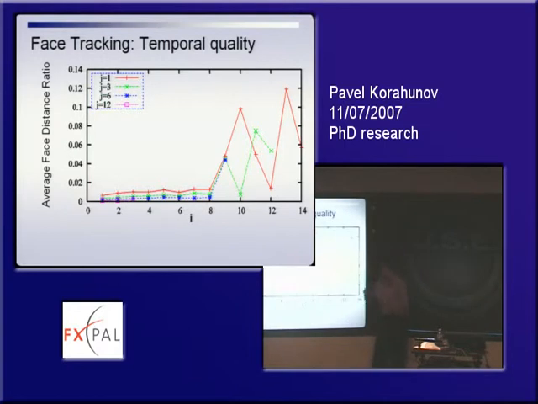You can see that the error does not increase that much. So what does it mean? If we take the red point, we can drop 8 out of 9 frames, and the accuracy of the face tracking will change by just 3 pixels. The coordinates of the face will be different by 3 pixels compared to the original video.